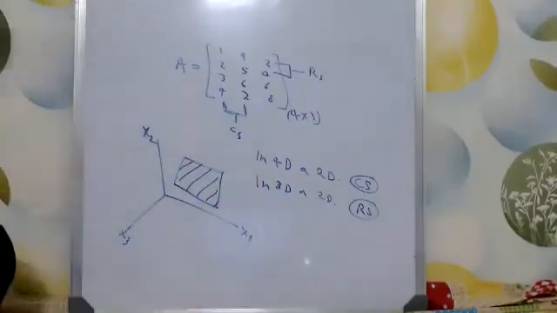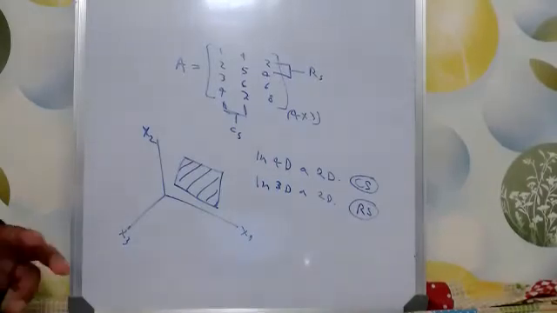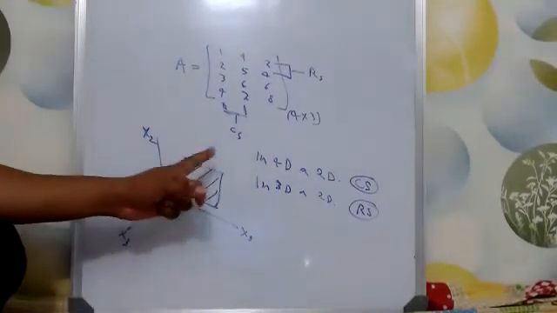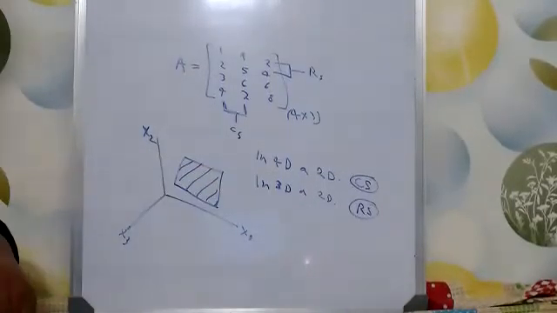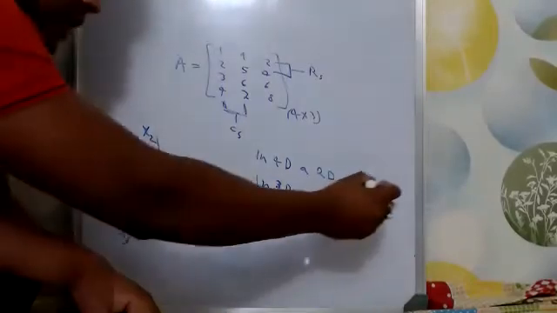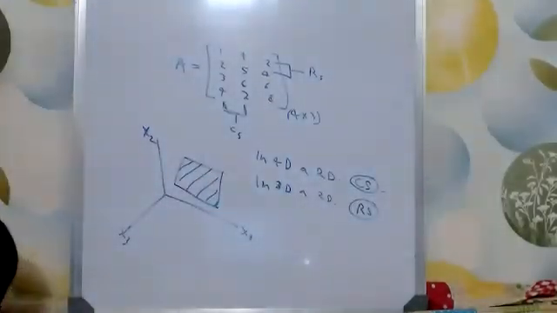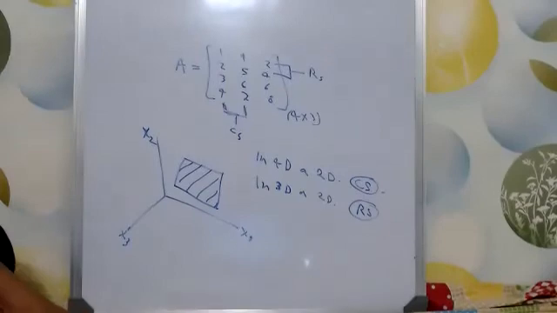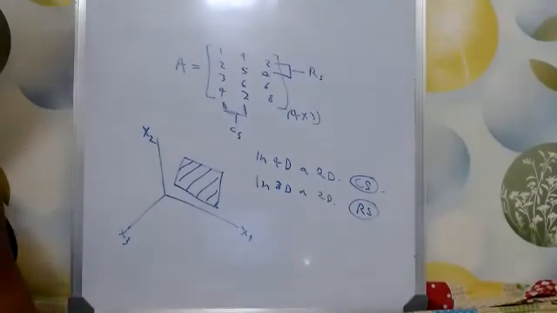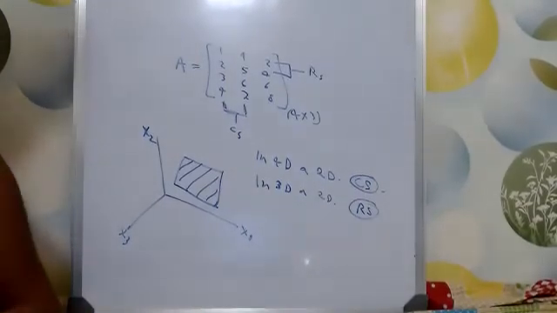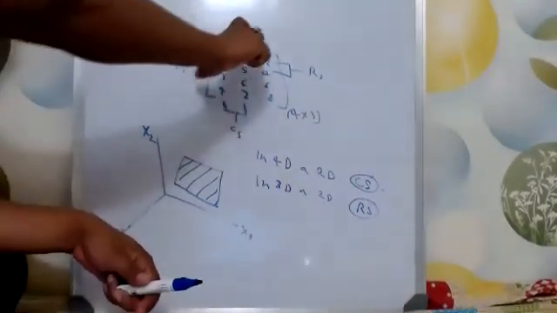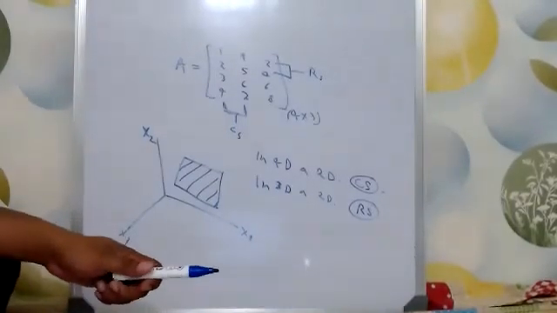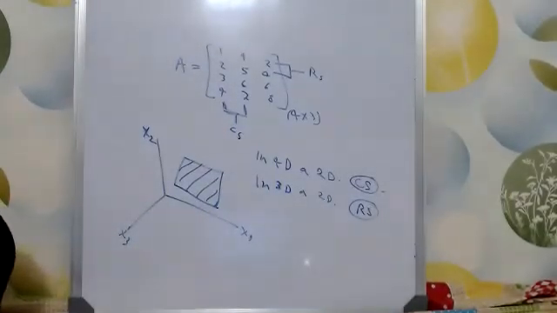But one thing is important here. You understand that my column space is a 2D in a 4D. My left null space will also be a 2D in a 4D, because my left null space will be from the transpose. After the transpose, which particular columns will be there?